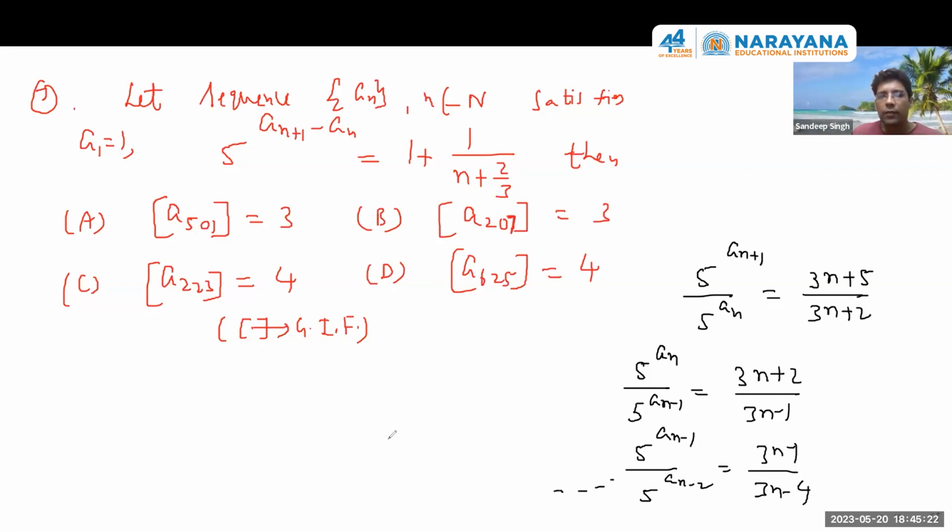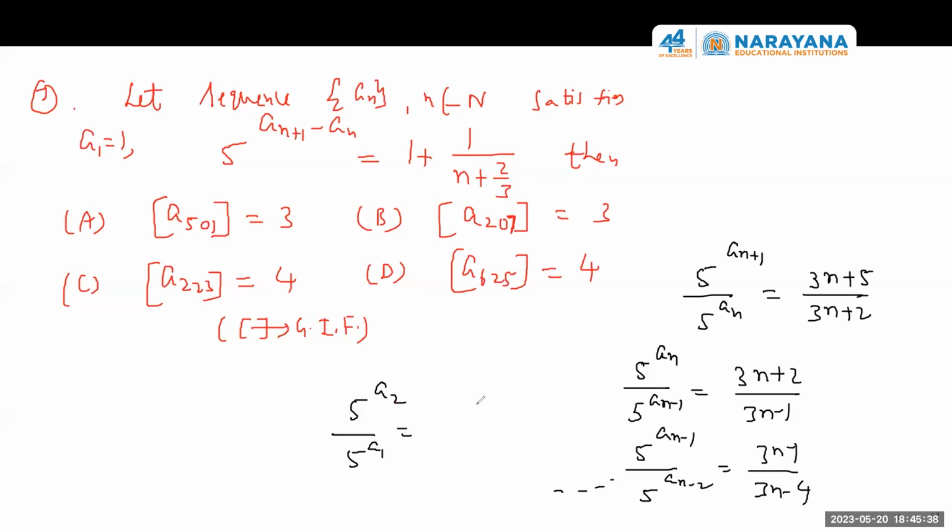If I continue in this manner till 5 power a2 upon 5 power a1, what will be the final value? 8 by 5.